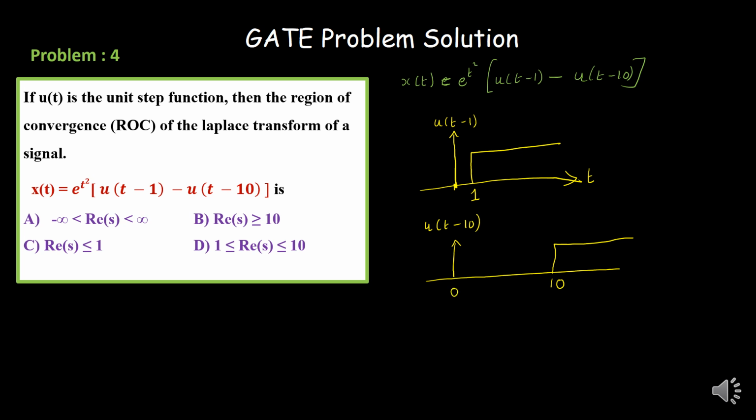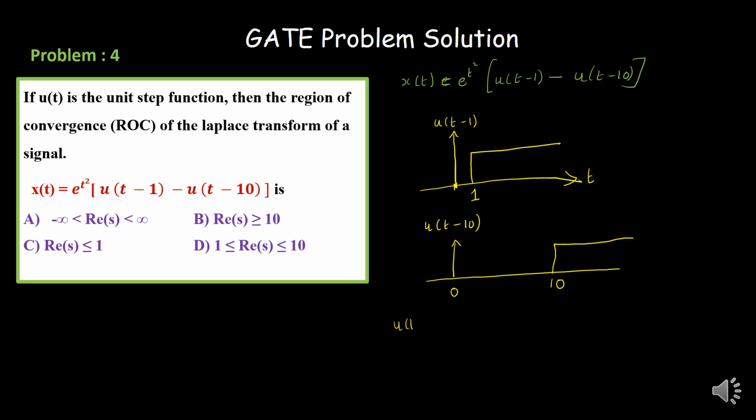Okay. Signal is delayed by 10 seconds. So now this is a subtraction of u of t minus 1 minus u of t minus 10. So that signal representation will be finite only. That will be from 1 to 10 only.